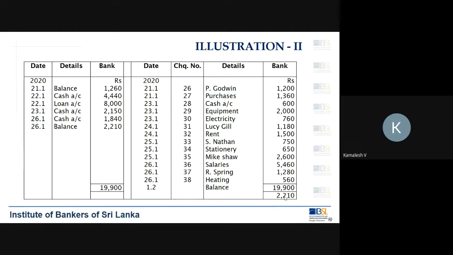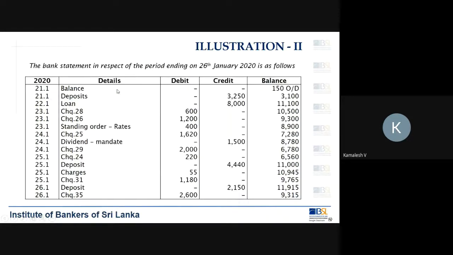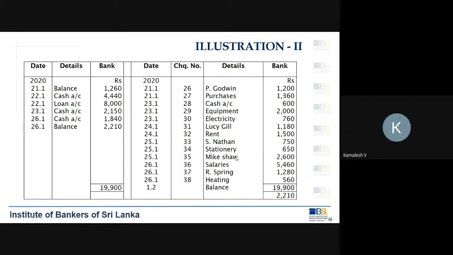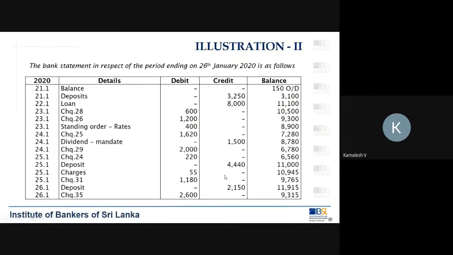So you need to perform two sets of reconciliation. One reconciliation is to match the 1260 against the OD of 150. And the second reconciliation is to balance the 2210 against the 9350.